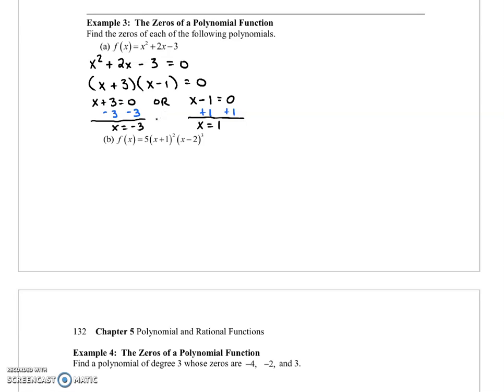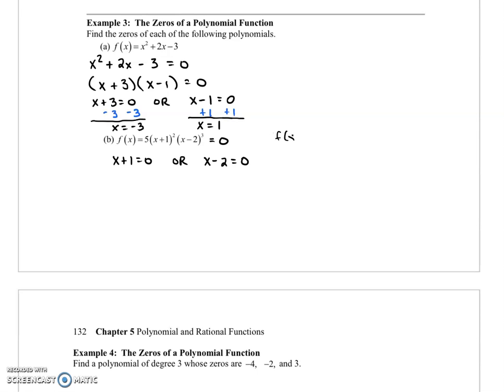Sometimes, though, we don't have to factor. They give it to us in factored form. That's the case on B. So on B, it's already factored. So we can write x plus 1 equals 0 if we set the whole function equal to 0, or x minus 2 equals 0. Now it doesn't matter that these are raised to exponents, right?